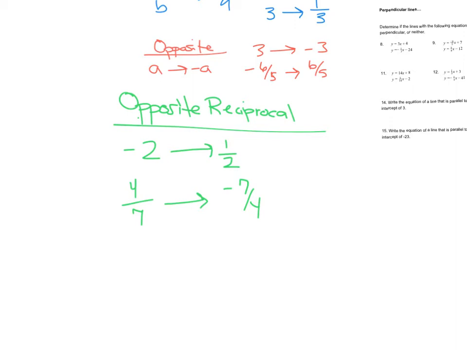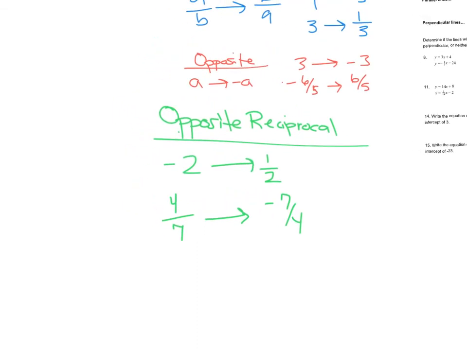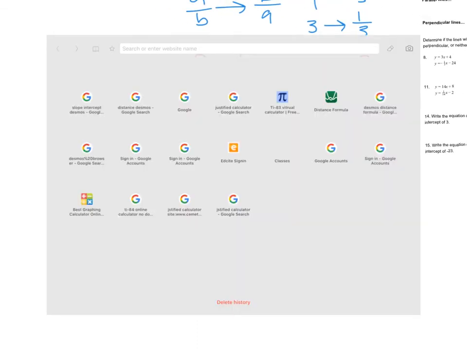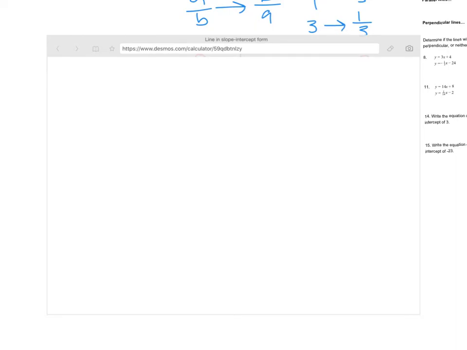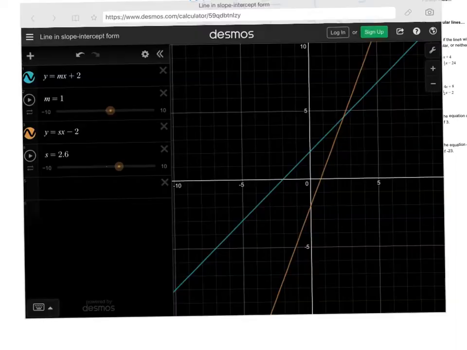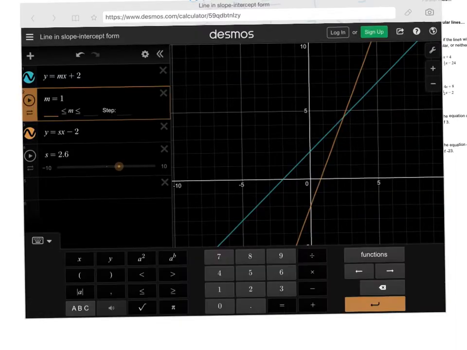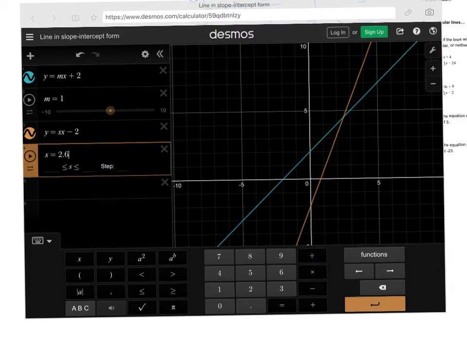Okay. Hold on, we're going to look at this. Okay, I'm going to make it to where the slopes only go from negative 10 to positive 10 in increments of 1 for both of these.